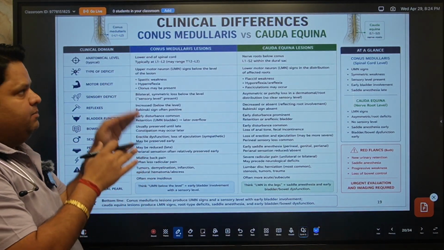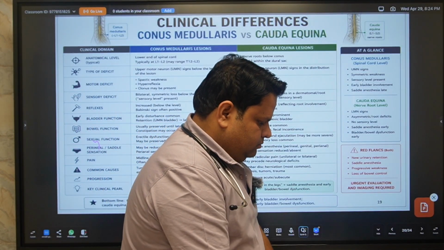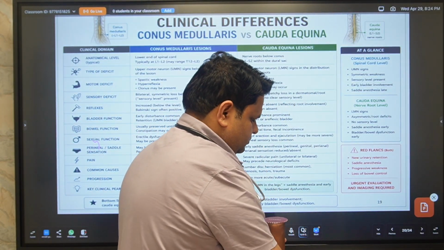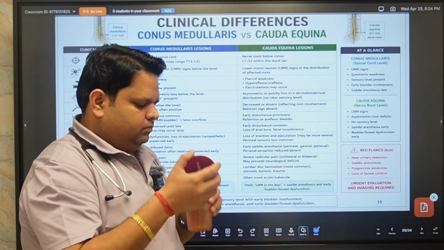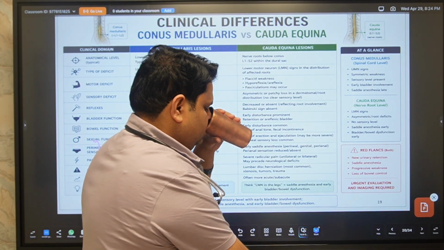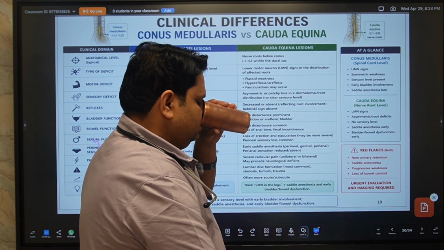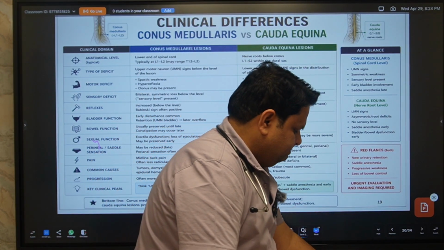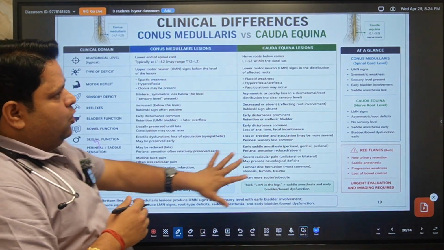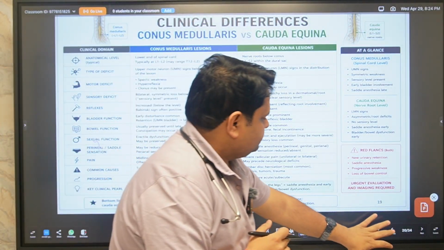Below the L1 level, or below the conus medullaris, there is a cauda equina-like structure. So now, how do we differentiate between the conus medullaris and the cauda equina?